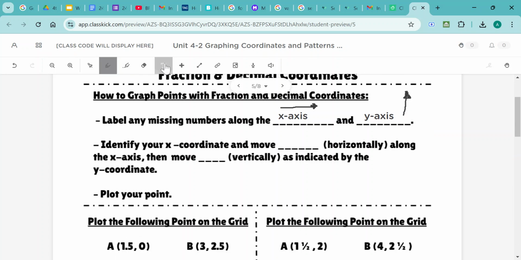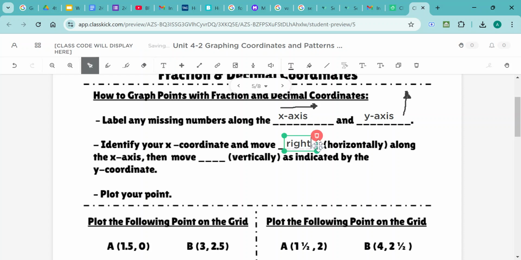Now, after we fill in any missing numbers, we need to make sure we find our x-coordinate. Remember, the x-coordinate is the first coordinate in an ordered pair. And we're going to move to the right along the x-axis.